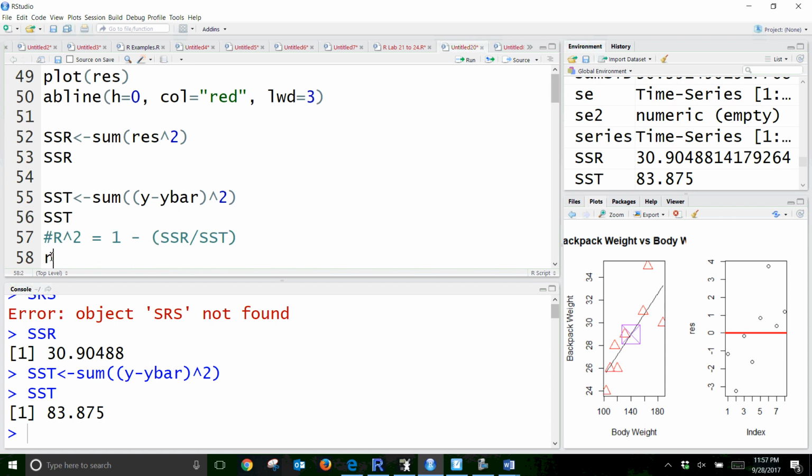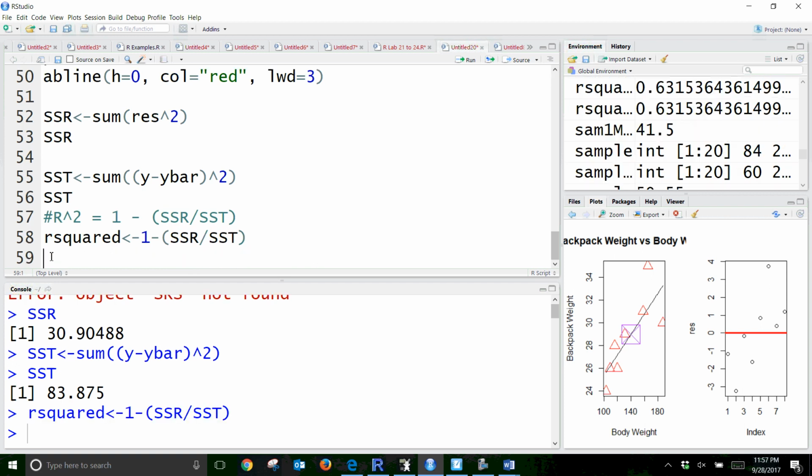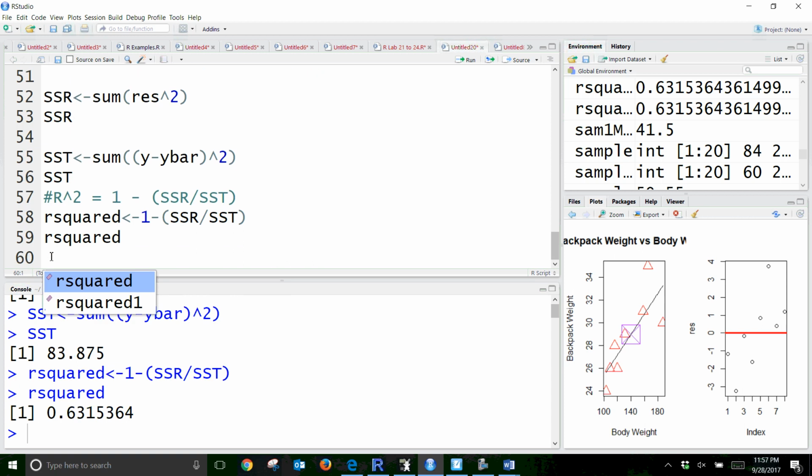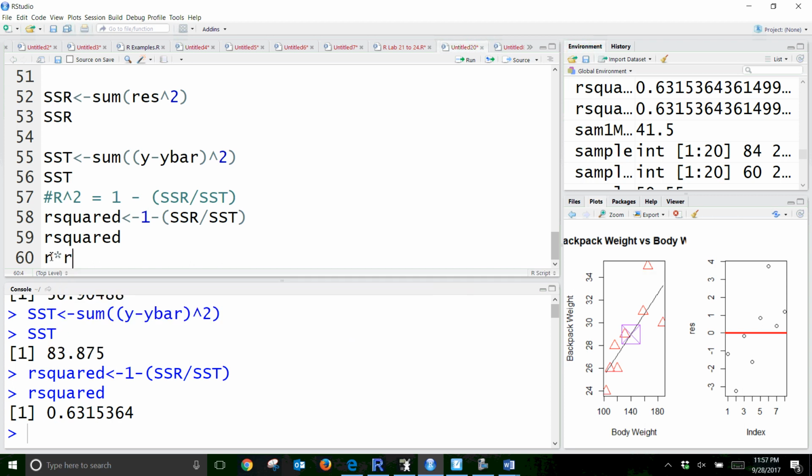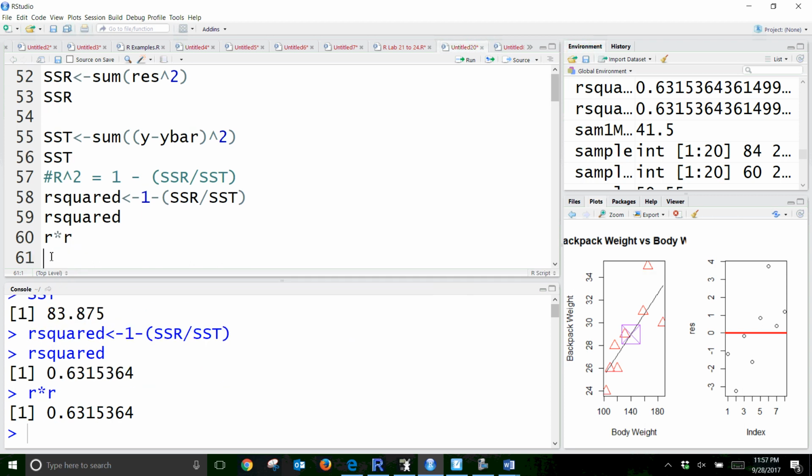So we'll call this R squared, and that's going to equal 1 minus SSR divided by SST. Okay, so let's take a look at R squared. 0.6315. Notice if I did R times R, you get the same thing, right?